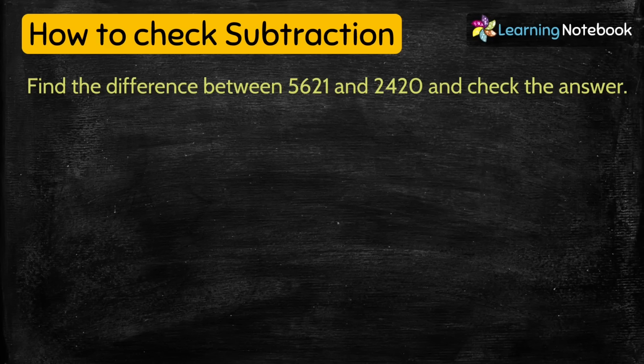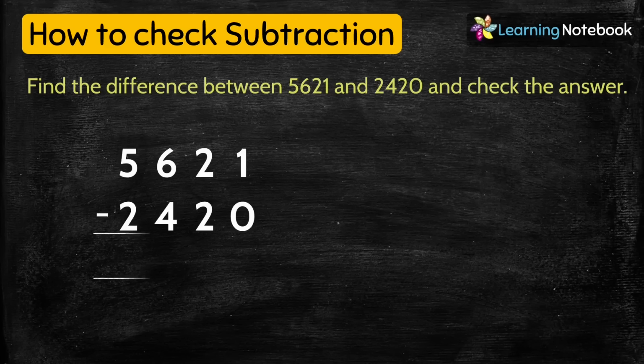So firstly, we will subtract the given numbers to find the difference. 1 minus 0 equals 1. 2 minus 2 equals 0. 6 minus 4 equals 2.